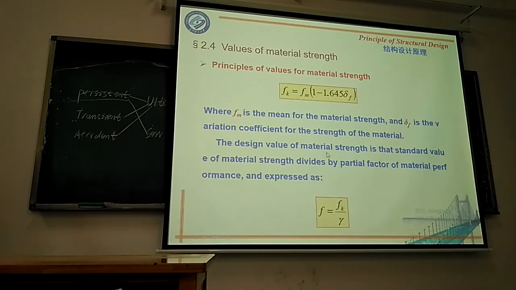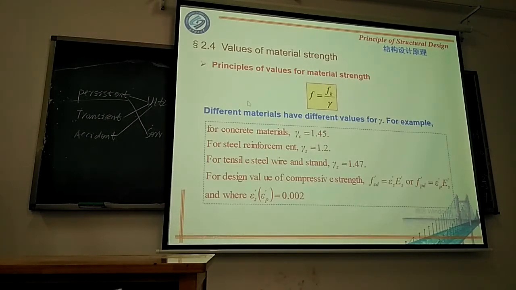The design value of the material strength is then the standard value of the material strength divided by the partial factor of the material performance, like this. So the design value has different types. Different materials have a different value for gamma.